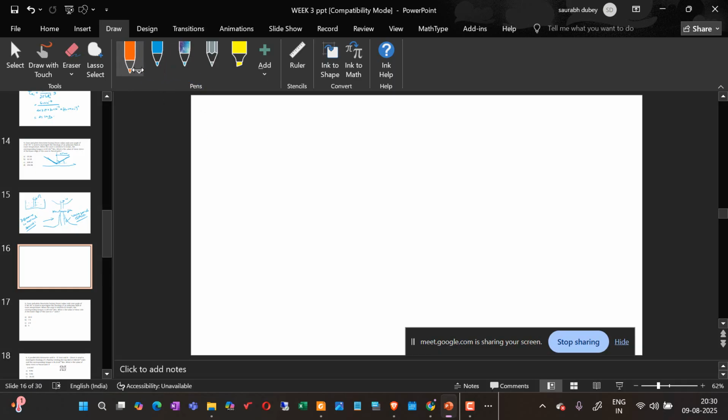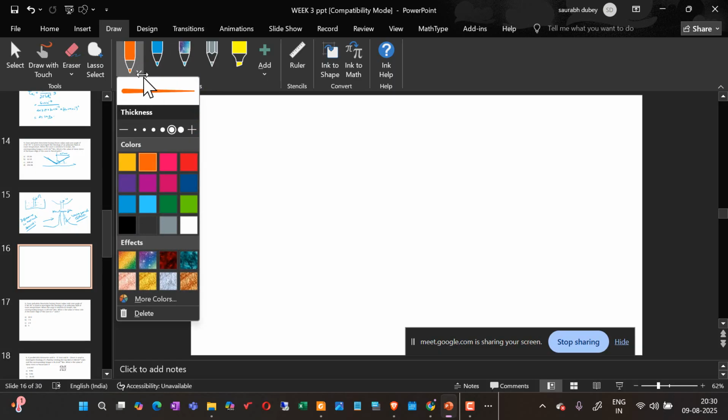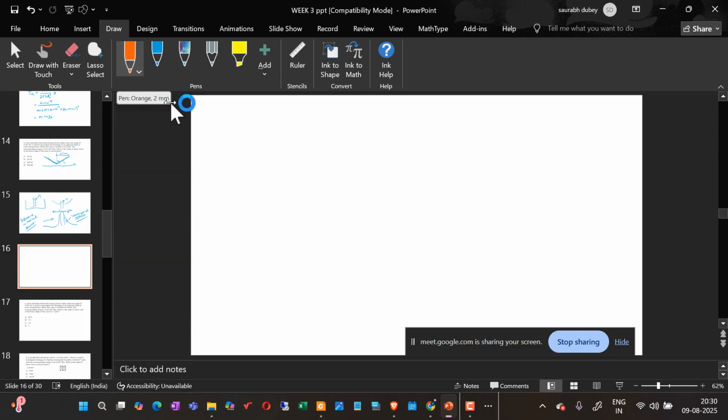So let me just increase the thickness. Yes. So in this one, for a cone and plate rheometer, and here the angle is 1 degree, a small angle, so you can write the angle.